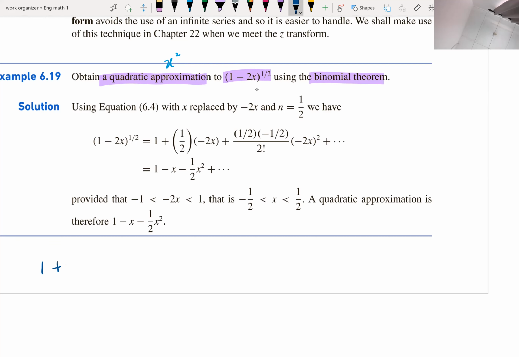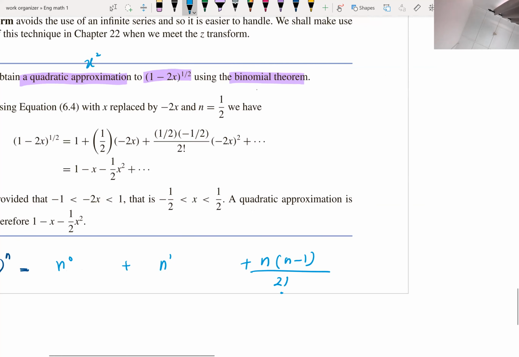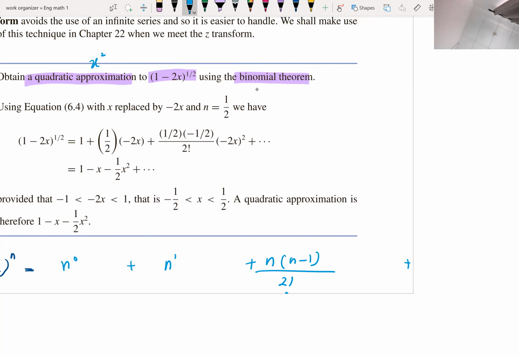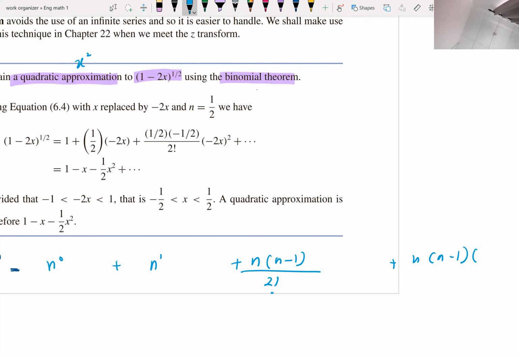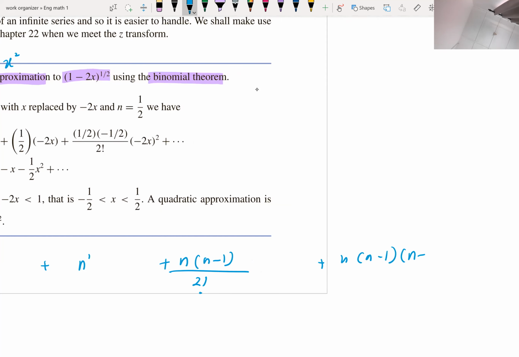1 plus x to the n, with n choose 0, plus n choose 1, 2, plus n minus 1, n minus 2, 3.